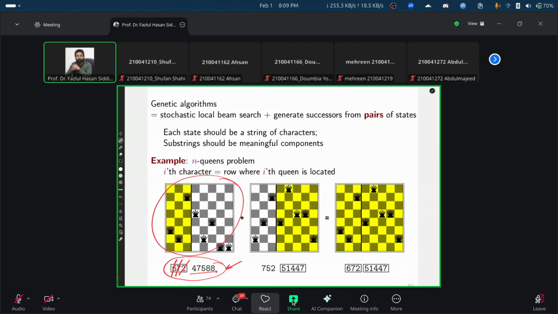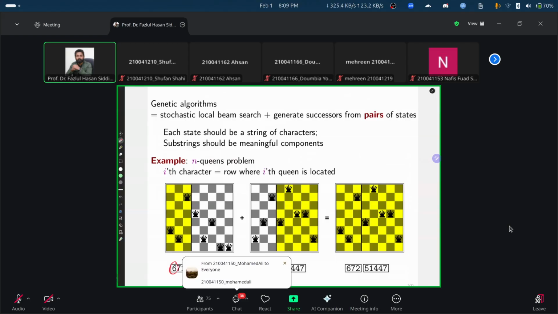And this way it continues. How come this value? This 6 means 1, 2, 3, 4, 5, 6. So this is the location of the first queen, I mean the column number 1, the queen number 1. The location of queen number 1 is at row 6. That's why this is 6.